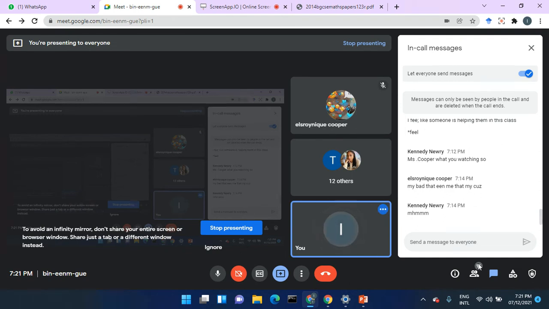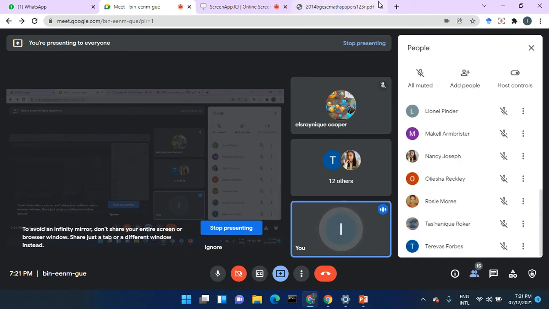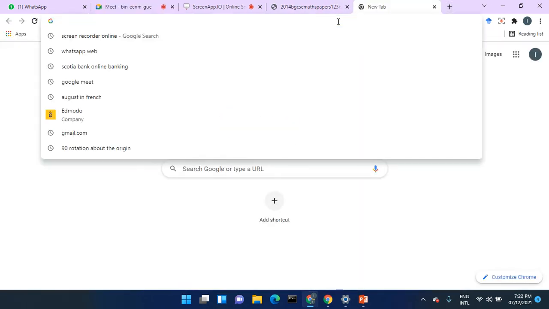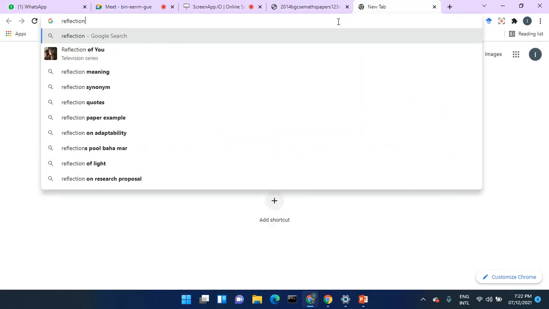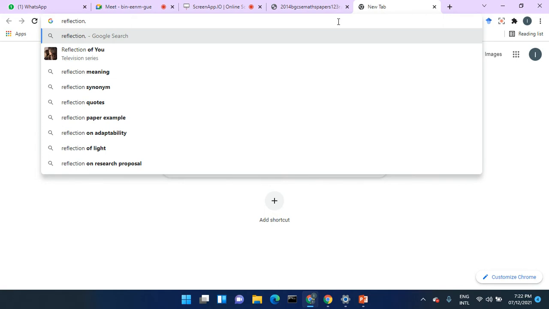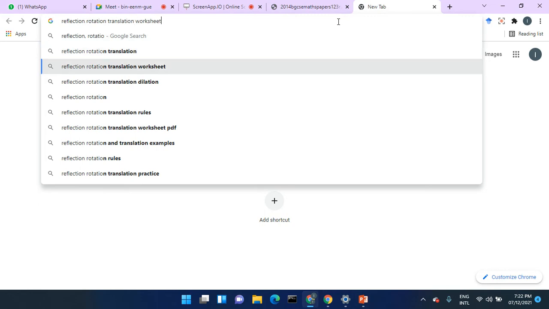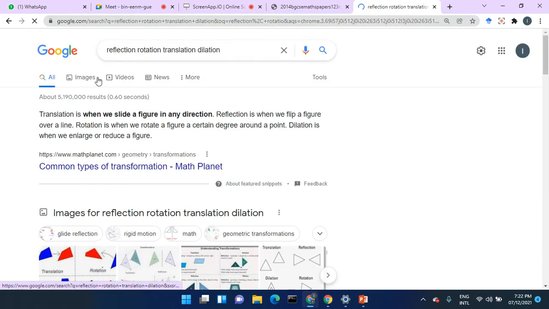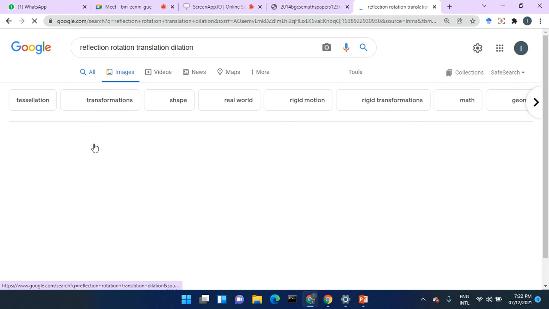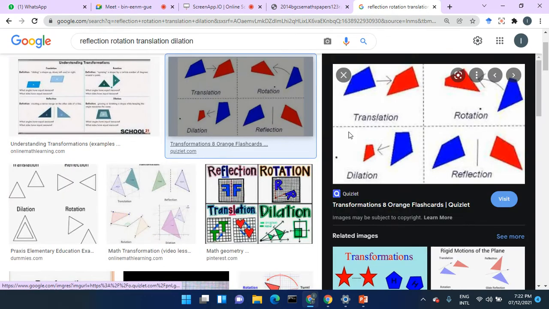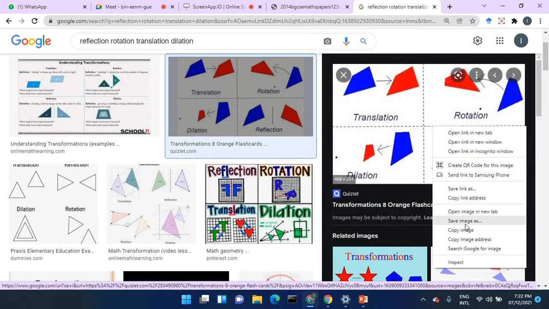Okay, so let me just show you quick examples. So we have reflection, rotation, translation, and dilation. Just to show you all the different ones. Again, this is a good example right now.